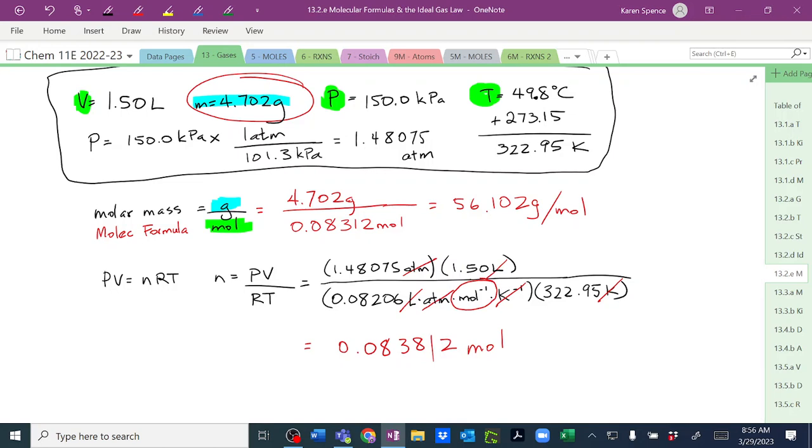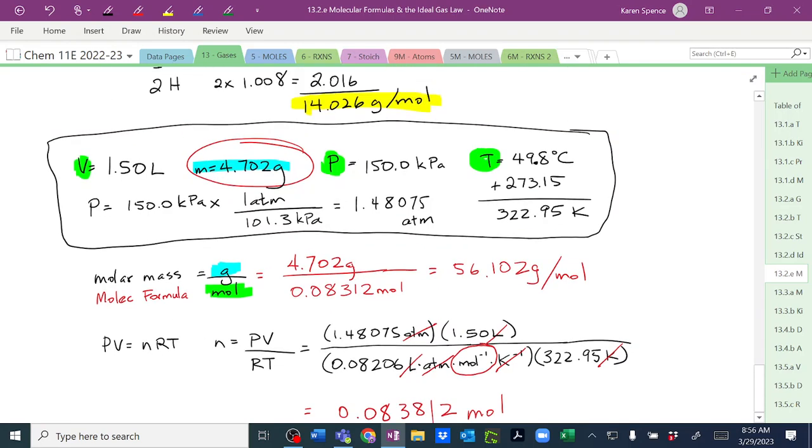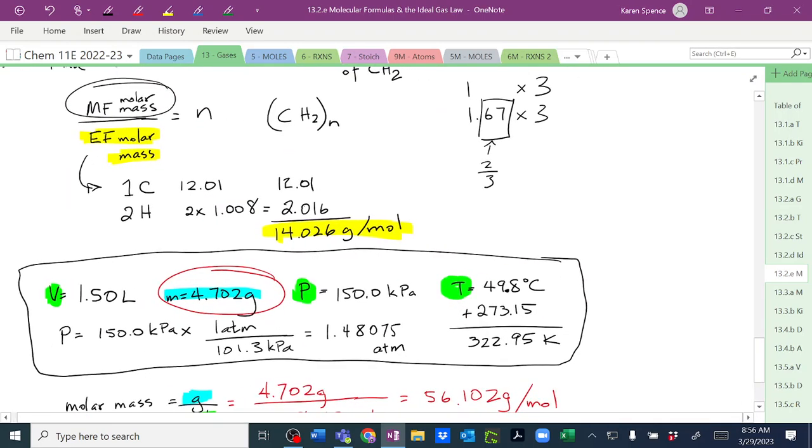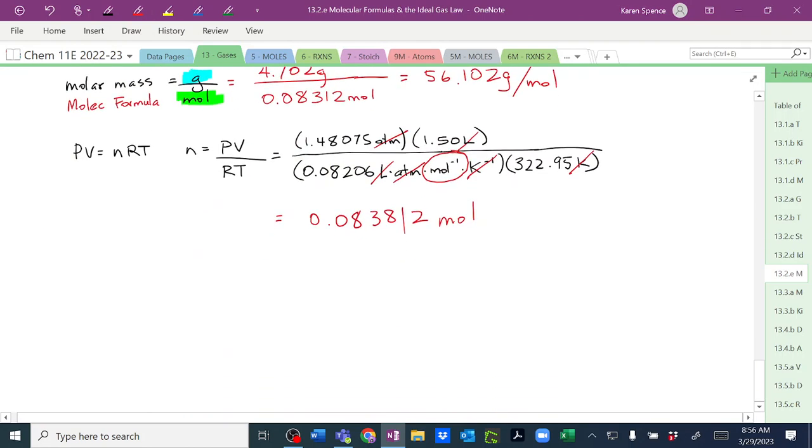Okay, now having done that, let's see what else we've got here. We now have our empirical formula mass, 14.026.